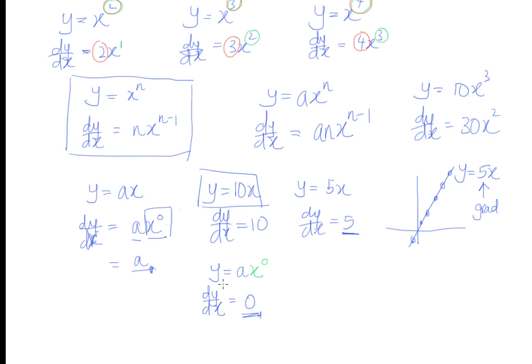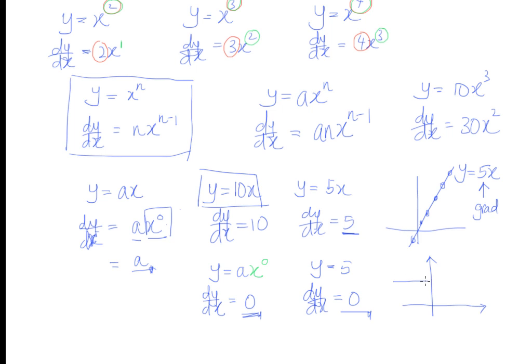Now what this implies is that if I have a constant term, let's say y equals to 5, and I want to find the gradient, which is the dy dx of 5, I will get 0. So in other words, if I differentiate any constant, it will become 0. And it goes well with the understanding that we have graphically as well, because y equals to 5 is again a straight line, it's not a curve at all.